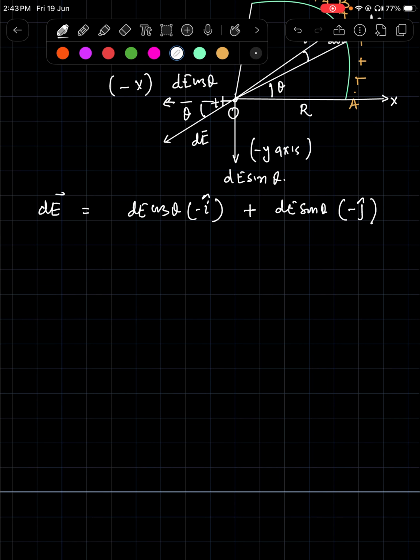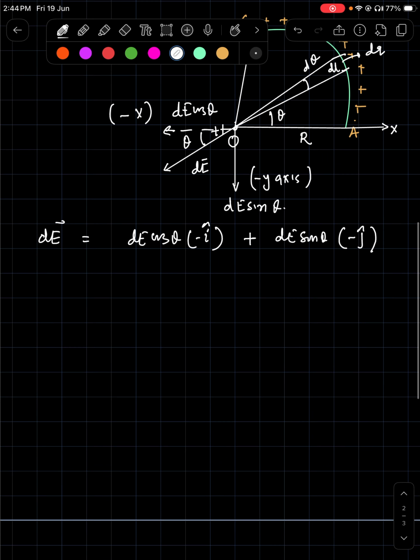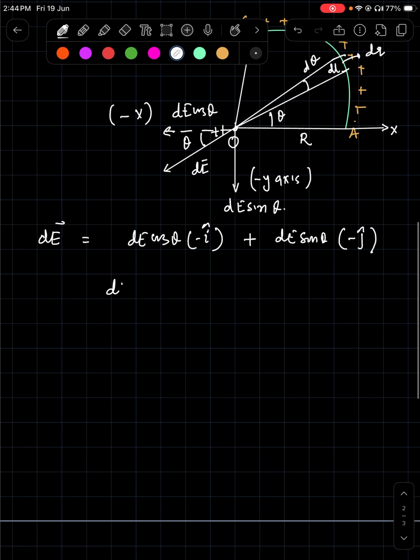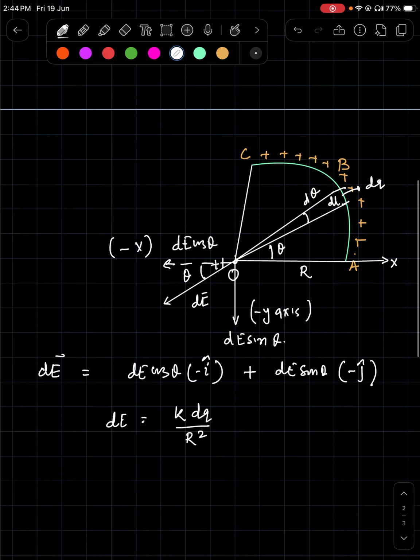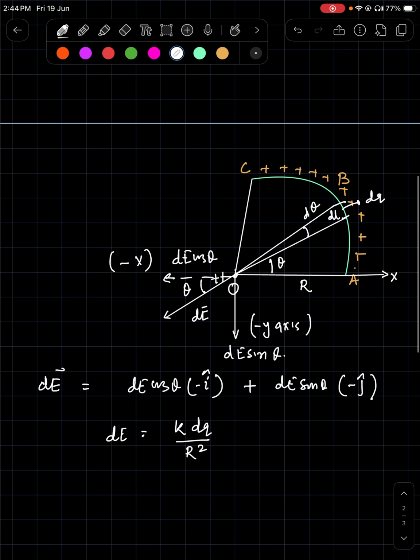So this is our electric field. And dE we know: dE is k dq by r square, where k is the Coulomb constant. And dq we have already written on the previous page, so I'm writing it here again to remind you: lambda dl, that is, lambda r d theta.